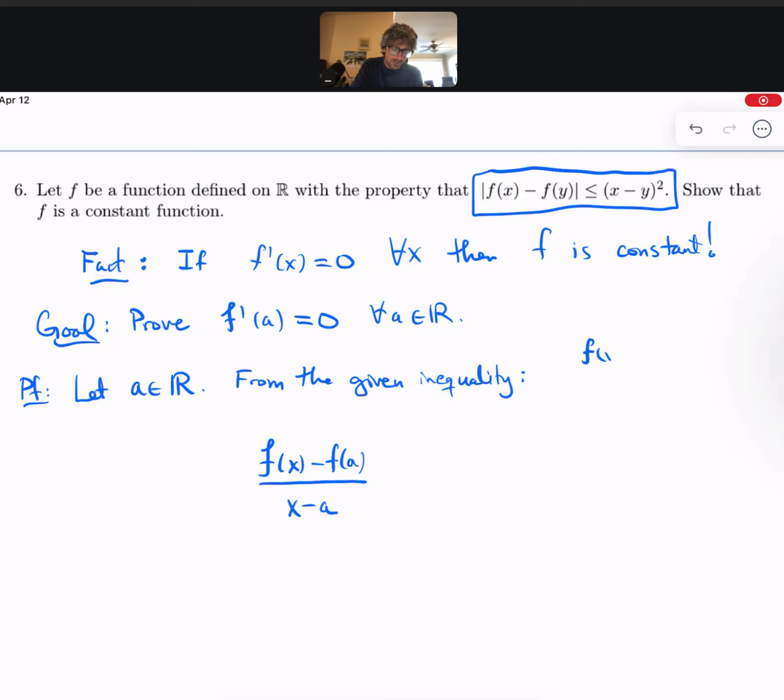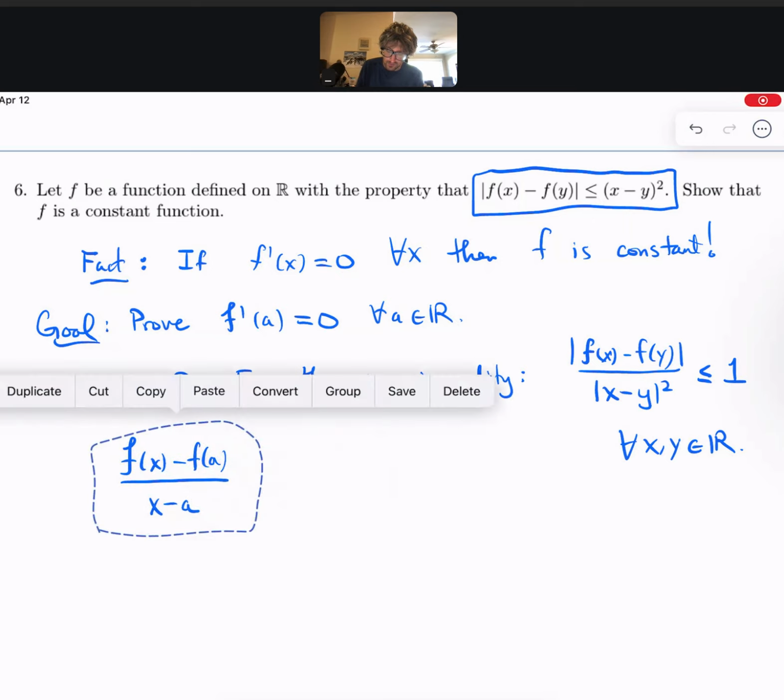Then we notice immediately that for any x and y, if we divide, and I've replaced the parentheses with absolute values, that's okay, this fraction is always going to be less than or equal to 1. And this is true for all x and y in the real numbers. So no matter what I do, that quantity is guaranteed to be less than or equal to 1.